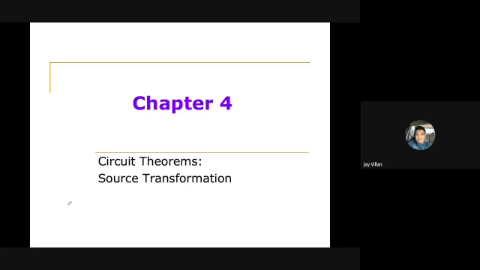In that way, you'll be able to simplify the circuit, and thereby you'll be able to get the equivalent resistances of resistors that will be connected in series or parallel after transformation from voltage source to current source, or from current source to voltage source. Okay, so that is what is expected in this topic.